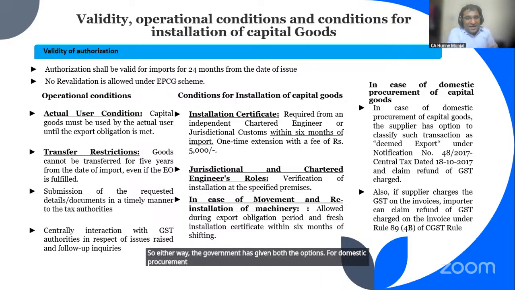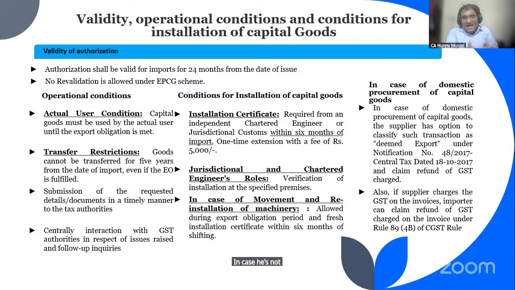Either the supplier charges it, and his supply is called a deemed export and he gets the refund, or, in case he is not willing to do that, as a recipient of the capital goods, you can claim the refund of the GST charged on it. So both ways, the government has tried to give you options if you want to avail the benefit of the advance authorization. But it comes with its own compliances, which we have understood earlier.